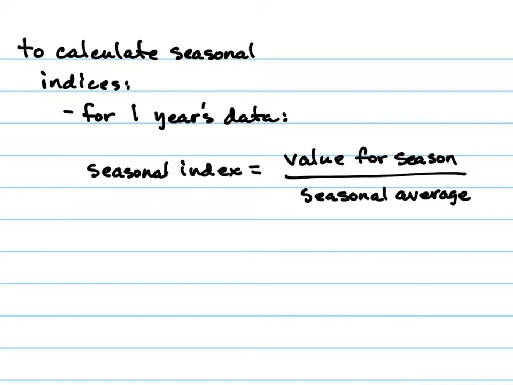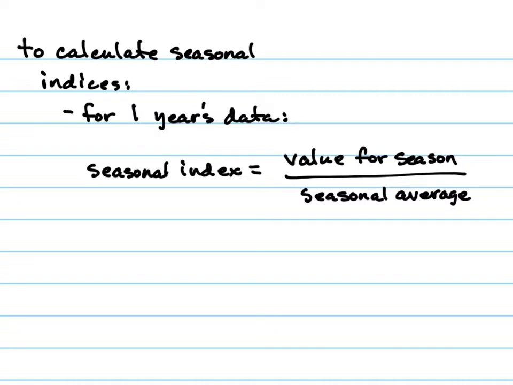So let's do some steps. It depends on if you're doing quarters or months or however your data is presented. So make sure you see how many periods or how many seasons you have. If there are 4 given, like summer, autumn, winter, and spring, that's 4. Keep that in mind because that's going to give you the number to divide by. So make sure that if you're doing quarterly, then do it quarterly, okay?